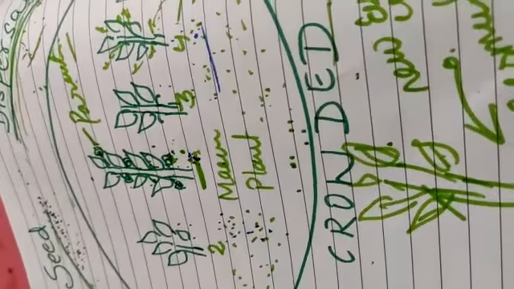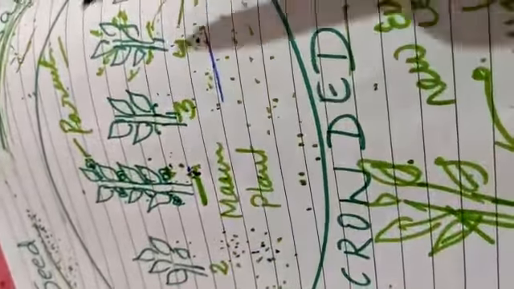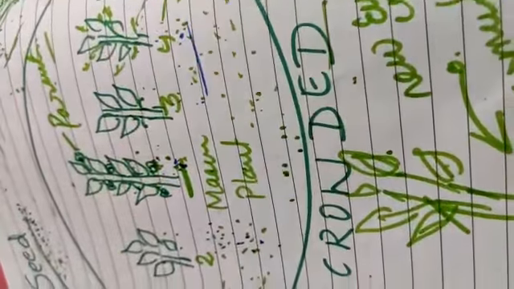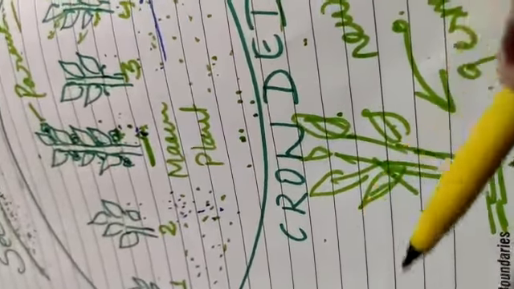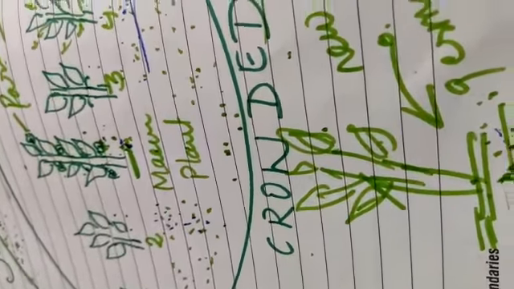In a crowded area, the plants become very suffocated to develop, so the seeds scatter and go to other places to develop themselves.